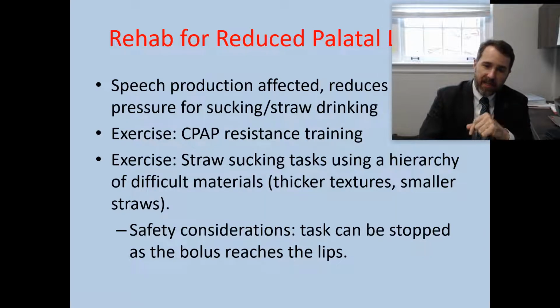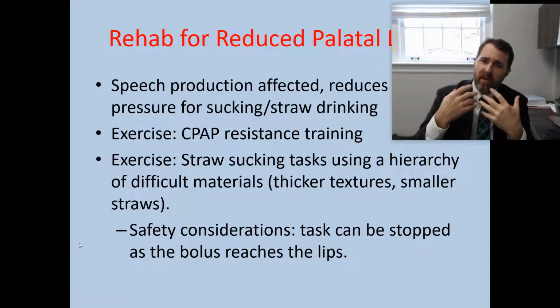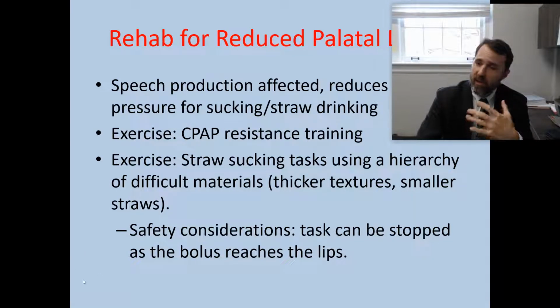And there's always safety considerations for anything that gets into the patient's mouth that you have to worry about them aspirating. So in something like this, you could stop the activity before they're actually pulling the fluid into their mouth, so you don't have to worry about them aspirating any of the liquid that they're pulling through the straw.